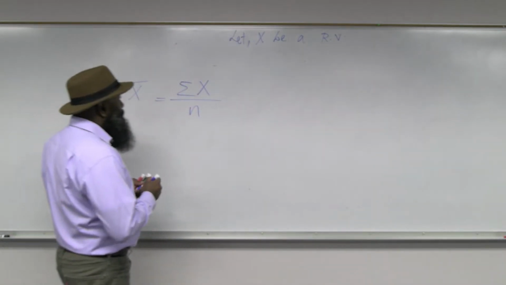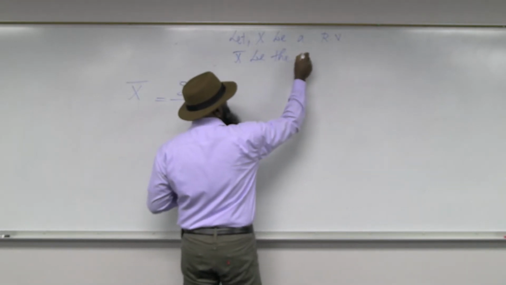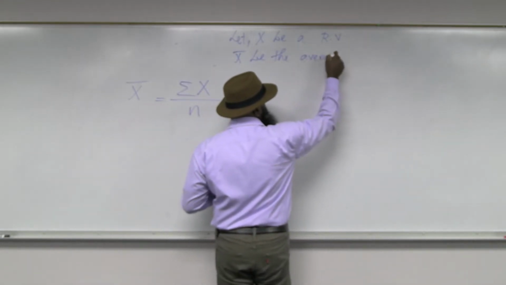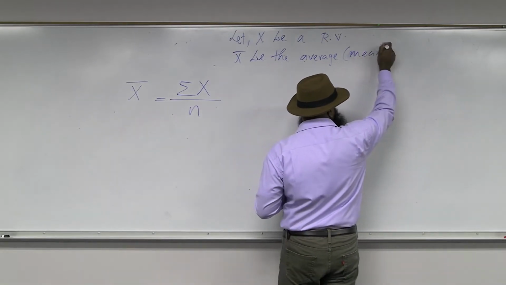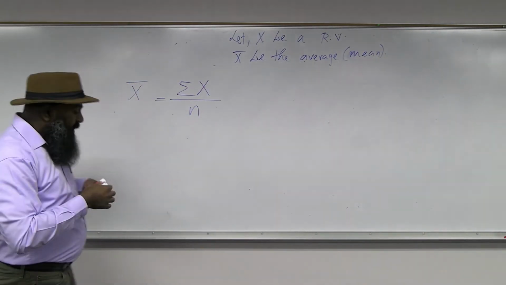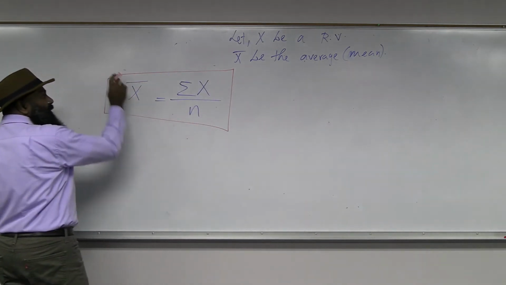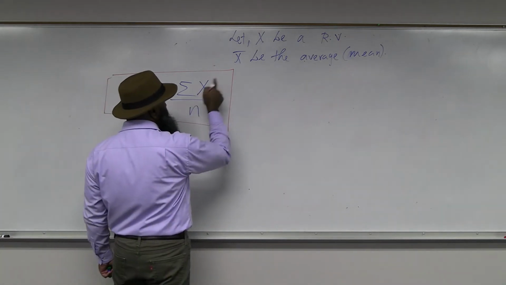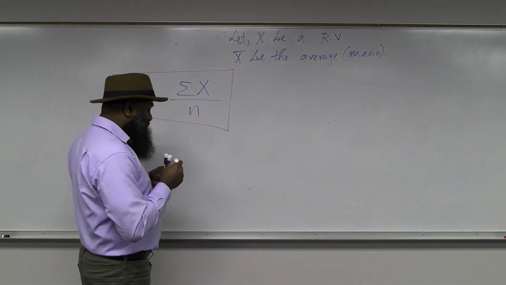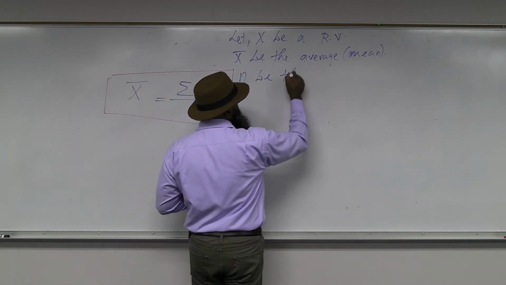And then we will let x bar be the average, or the mean. So here's the equation for the calculation of the mean. This is the summation of x, and n is the sample size.